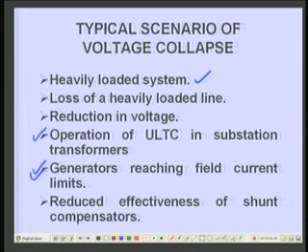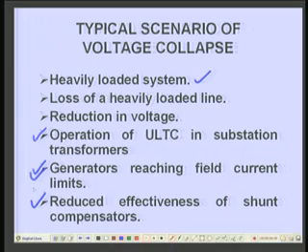There is a possibility that generators may also reach the field current limits. They are not in a position to further supply the reactive power. This will naturally cause the reduction in voltage, because earlier generators were in a position to maintain the terminal voltage, but the moment the reactive power demand has increased and the reactive power limit of the generators is reached, they will no more be regulating the terminal voltage.